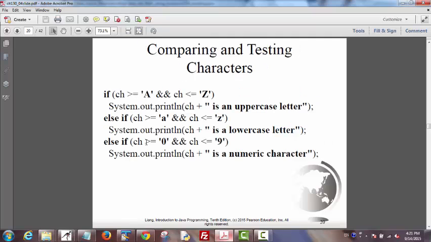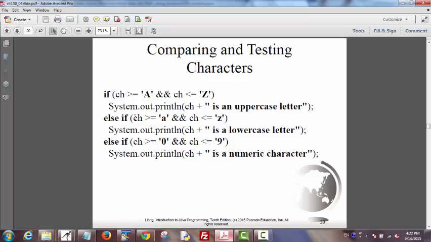Okay, so this is nice because you can take a character and check to see if it's bigger than A and less than Z. This is nice because we can decide whether a character is uppercase just by this simple range condition, because all you're checking is the ASCII number equivalents of these characters.